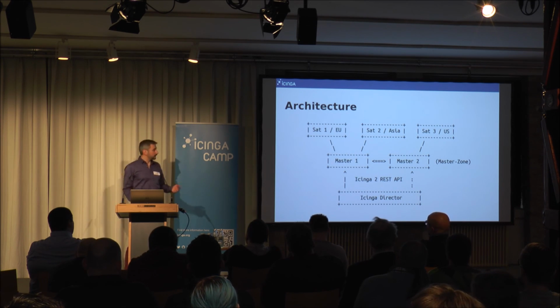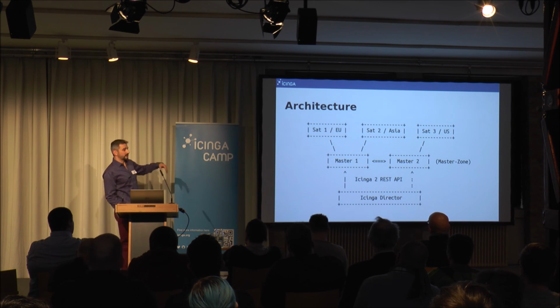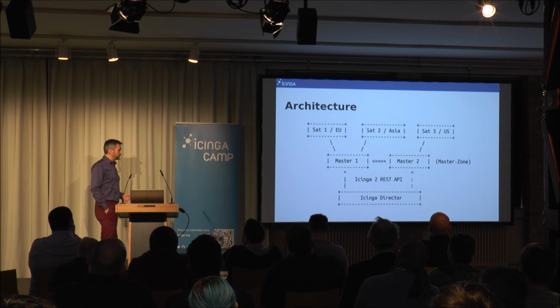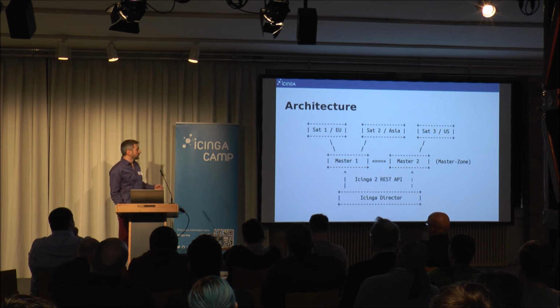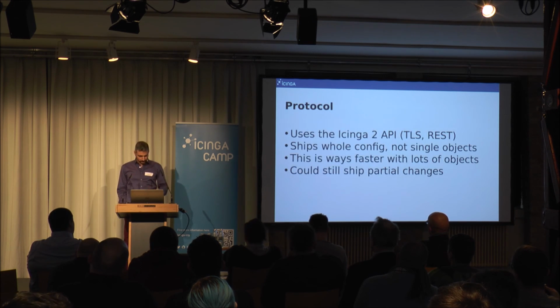What's pretty cool is that the Director doesn't need to have access to all your satellites or your Icinga 2 agents, even if you could have thousands of them. The configuration is distributed by Icinga itself, so the Director doesn't really care. You just have to put the objects in the right zone.